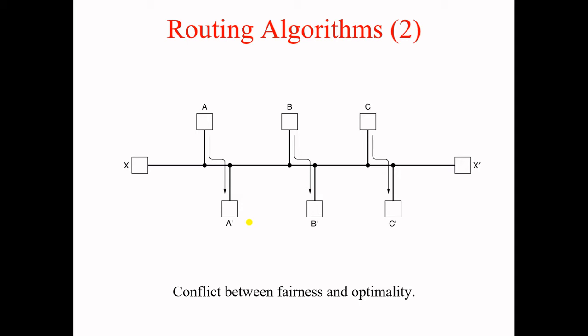Reducing the number of hops tends to improve the delay, and if we reduce the number of hops, it reduces the amount of bandwidth consumed, which tends to improve the throughput as well. What is our objective? Our objective is to increase the throughput in the network.